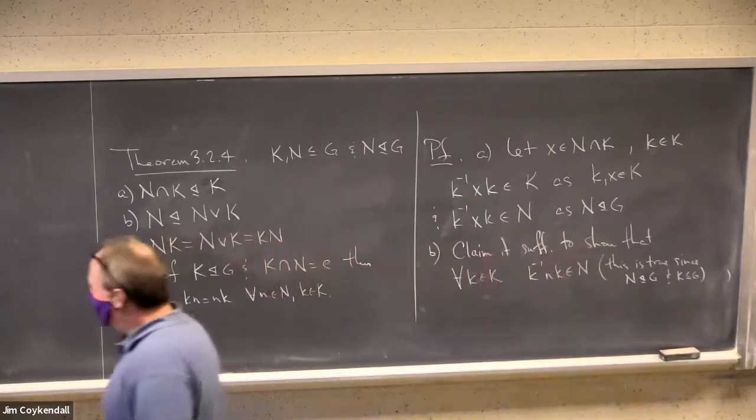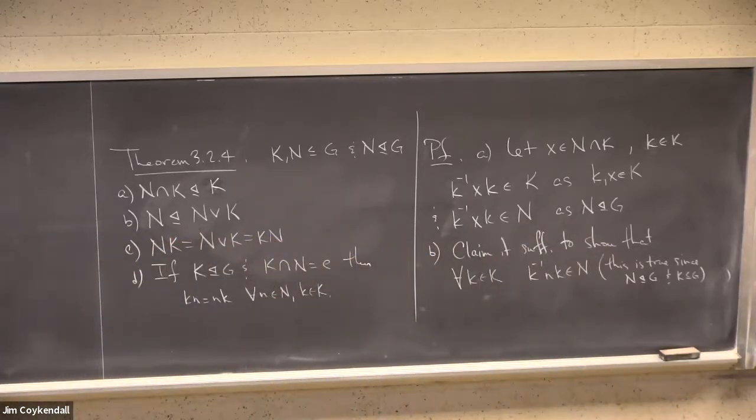Let's look at c real quick. So we want to show that NK is equal to the group generated by N and K. So first let's show NK is contained in it.